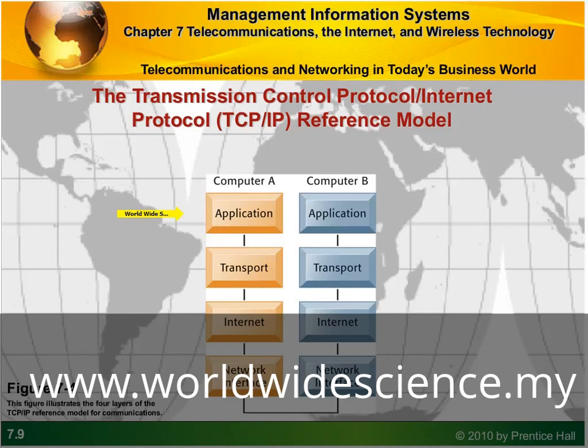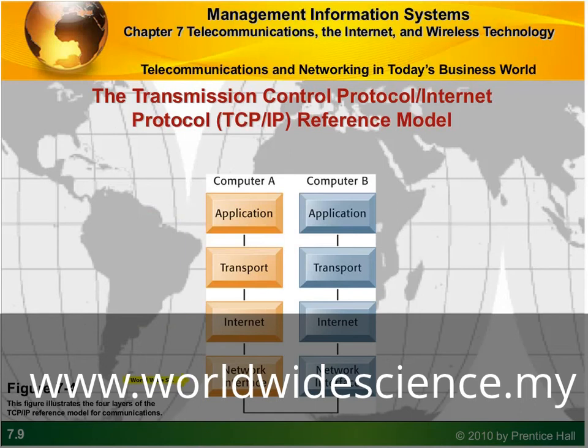Then behind that is the transport layer. The transport layer is responsible for transferring your data. They have different protocols. For example, TCP and UDP are the two most famous protocols for transporting information. And then the internet layer is the layer where the IP address is checked for each computer. And then the network interface is the physical layer.